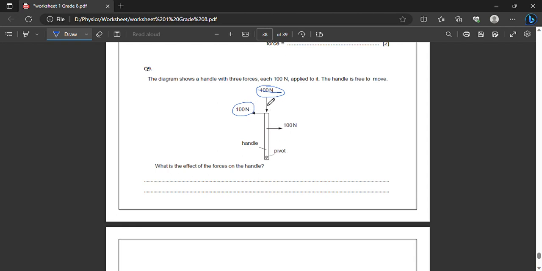It is this one, because if you move the pivot down, it doesn't make any sense. So once it goes like this, clockwise, it will be anti-clockwise movement. Sorry. So what's the effect of this force? We can write it as the turning effect, moment. So this is the answer.